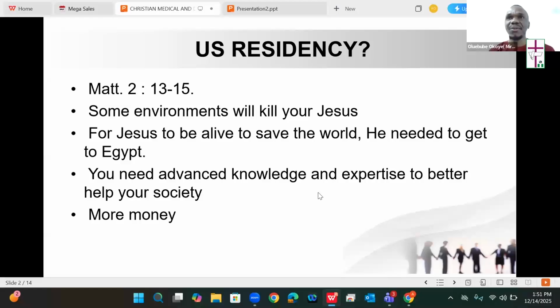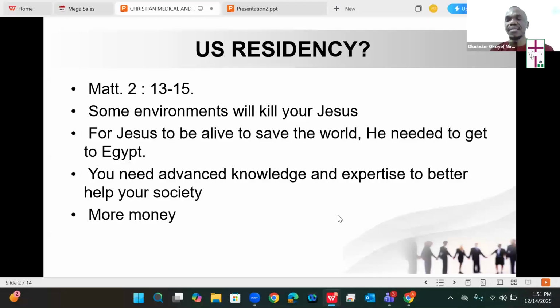These are things one may not have known or experienced if one decided to do residency back at home. And at the end of the day, you discover there are limits to what you can give back to your community. If you decide to help your community, there are certain things you may not be able to do because you don't have such experiences.